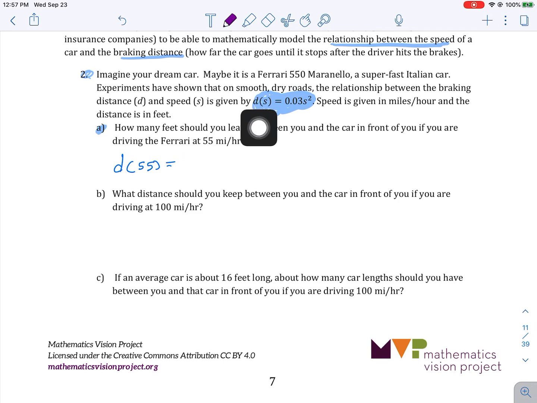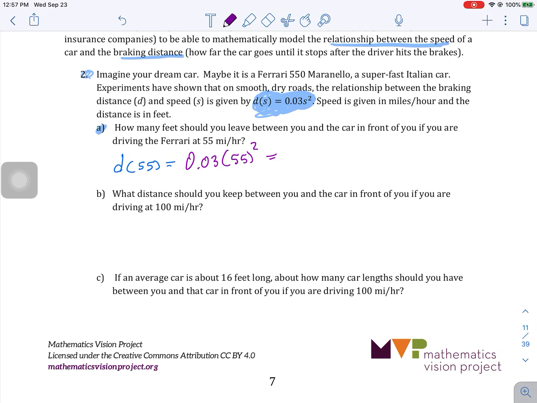So if we're doing the Ferrari, and we're going to go with this equation, d of s equals 0.03 s squared, where d is distance and s is speed, then if you want to figure out the distance, you just plug in the speed. This is in terms of miles per hour, and the distance is in feet. Okay, so in this case, if it's 55 miles per hour, it's 0.03 times 55 squared.